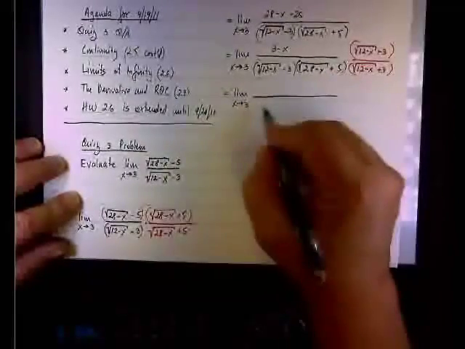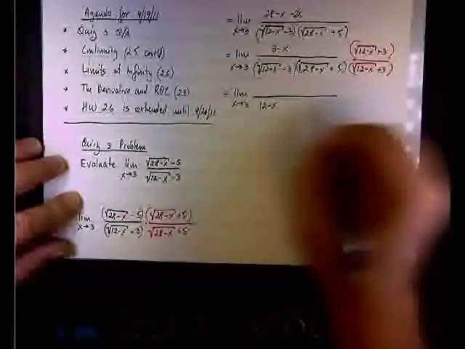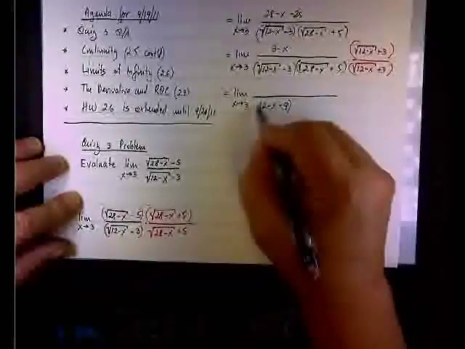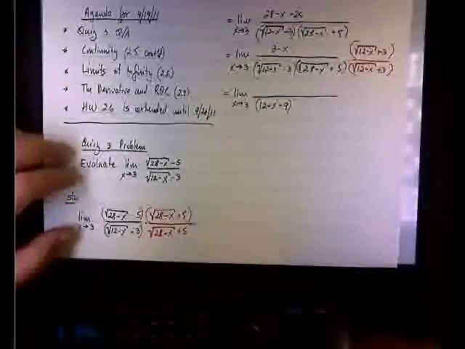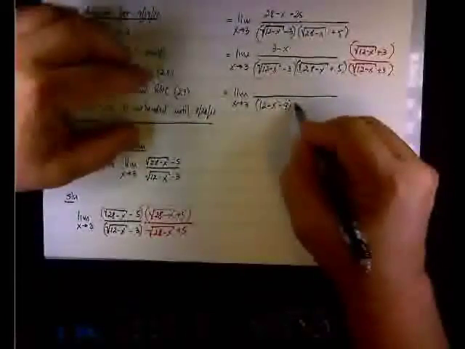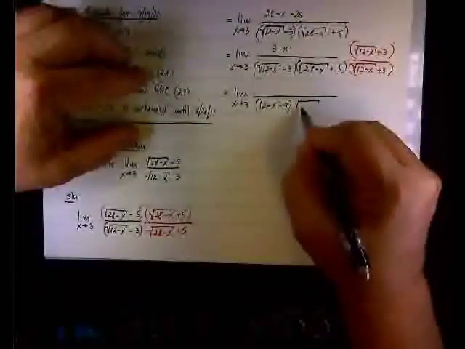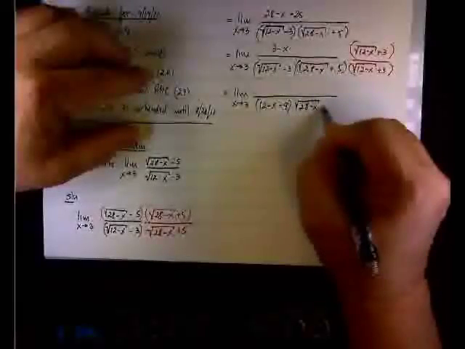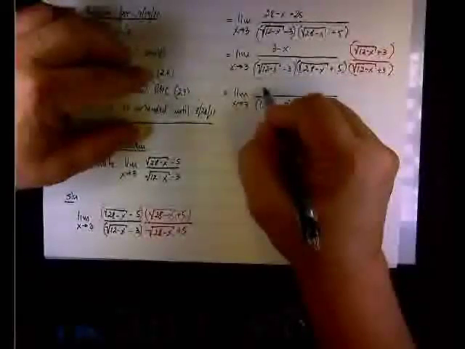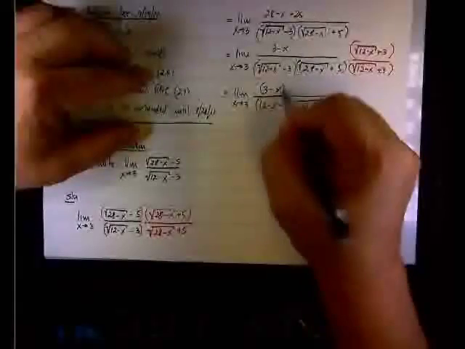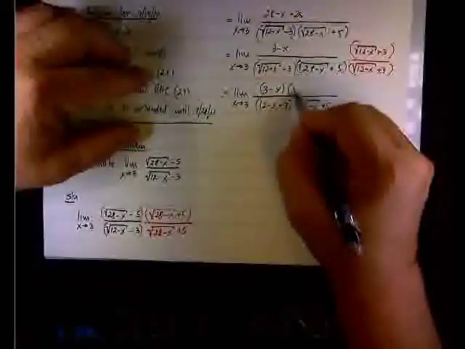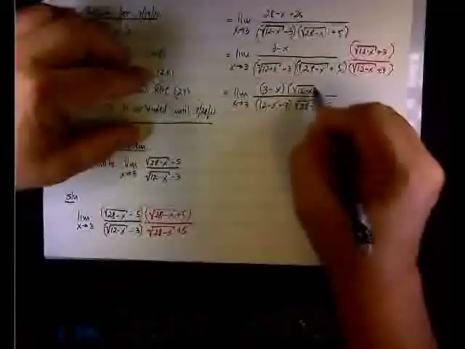The bottom will give me 12 minus x minus 9. Okay, now I see it. Times 28 minus 6 plus 5. The top will be, I'm going to keep that 3 minus x, and then the conjugate. I see that.